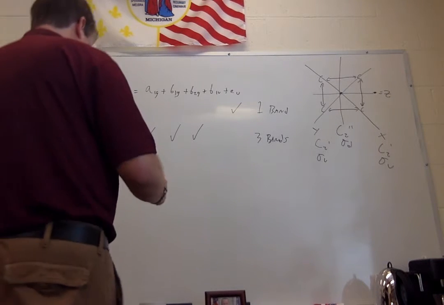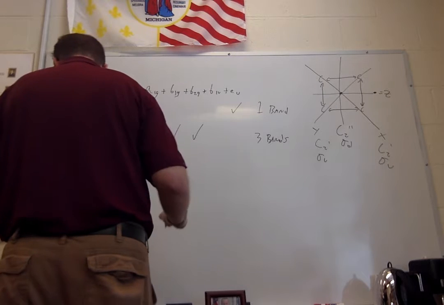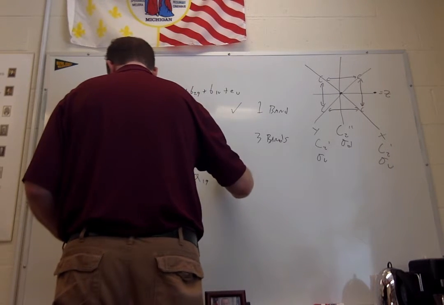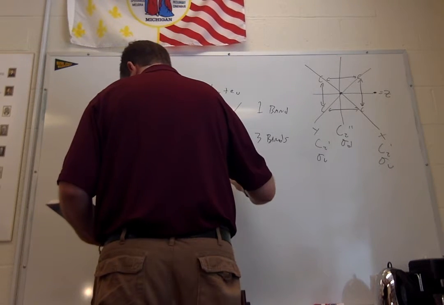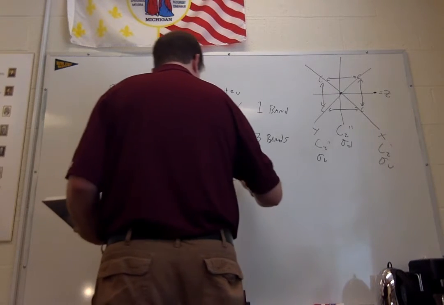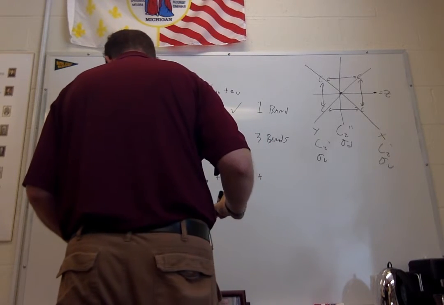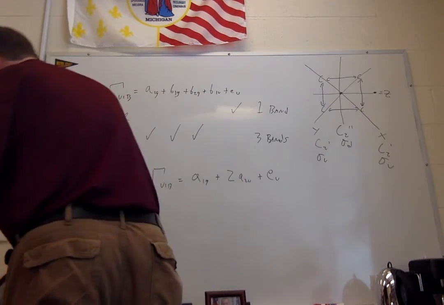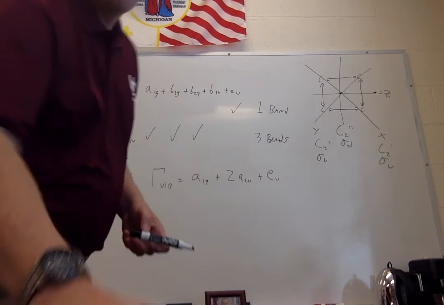we found that we reduced a gamma vibrational, and it gave us A1G plus 2 A2U plus EU. How many bands would that represent?